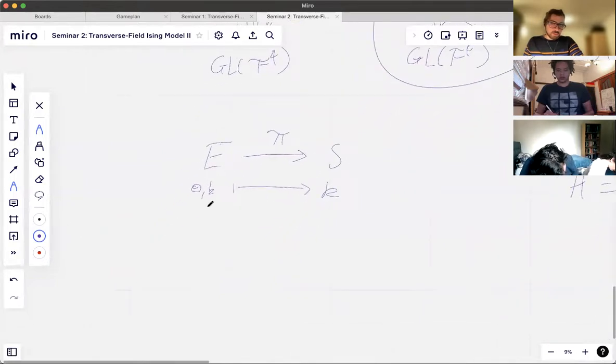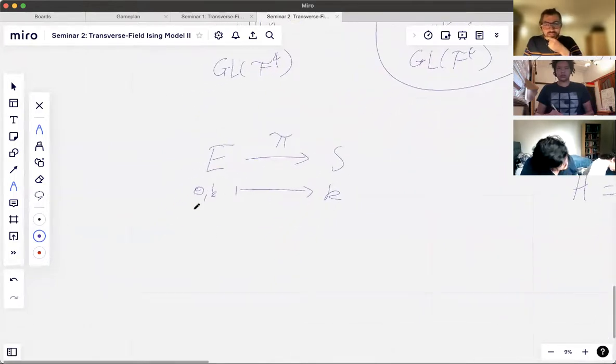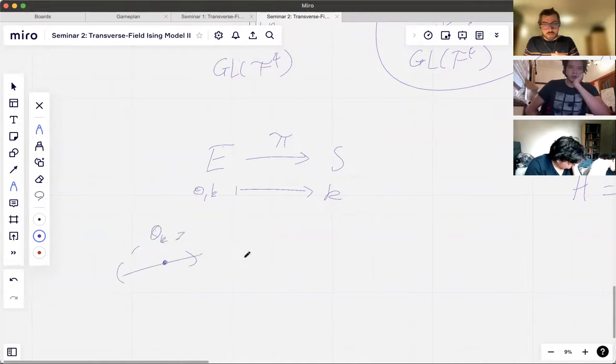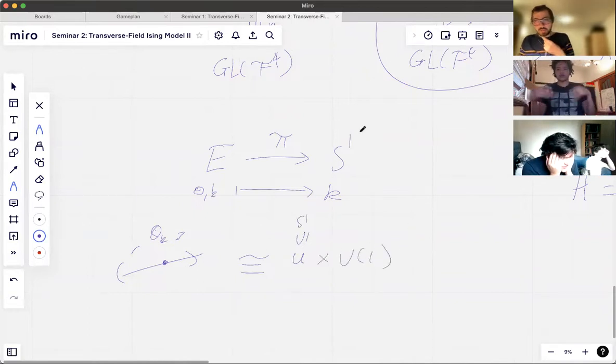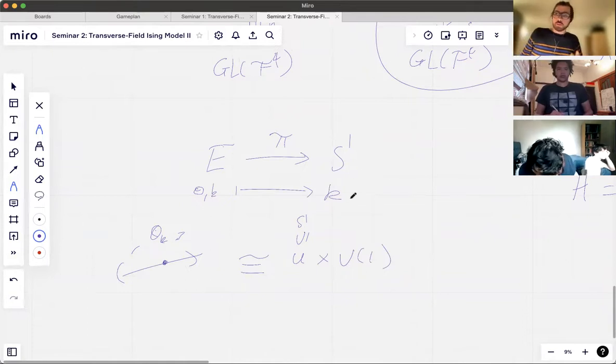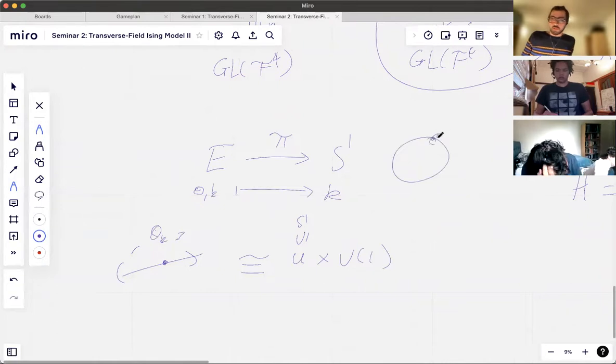This is a different pi, apologies. If you have some local neighborhood of k's and theta_k's, that's locally isomorphic to U, a subset of the circle, cross U1. So we've taken the circle and glued a copy of U1 to every point on the circle, where the physical interpretation of that U1 is the phase of the state of the eigenvector.